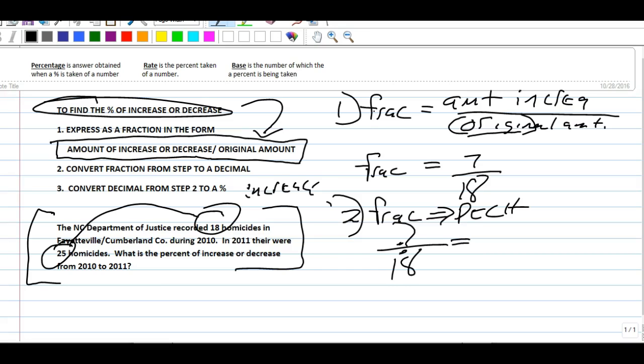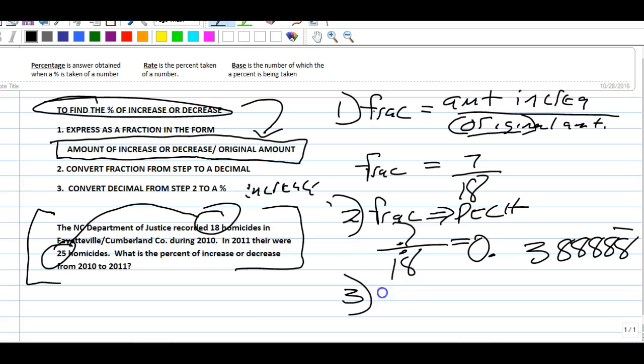So 7 divided by 18 gives us actually a repeating decimal, 0.3888888, and the 8s continue forever. The third step now is to convert that decimal number from step 2 to a percent.